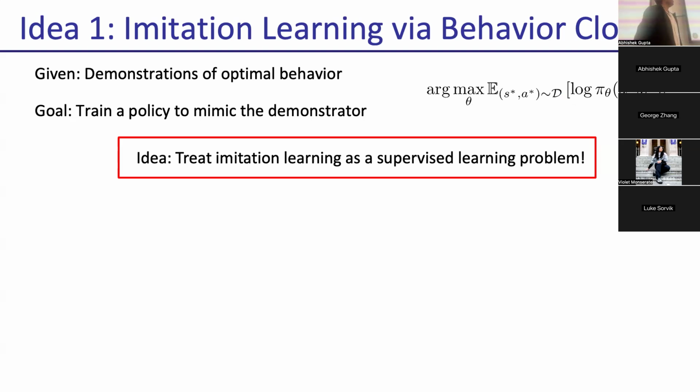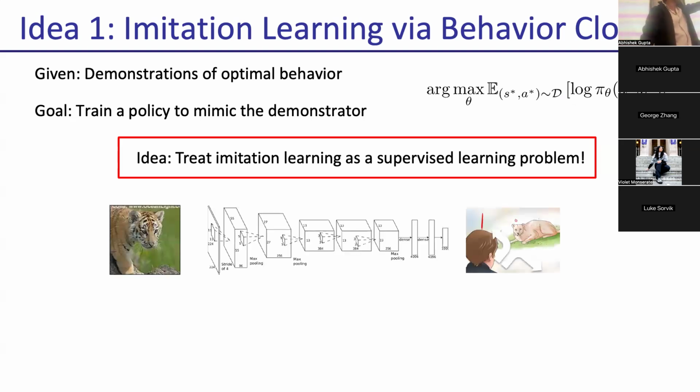So you're trying to maximize the likelihood of producing A star when you get S star. The important thing is you take all your data, mush it into these tuples, pretend they're IID, and then do maximum likelihood. That's what a supervised learning problem is. It's what you do for classification: you take in an image, go through it, and produce a class.